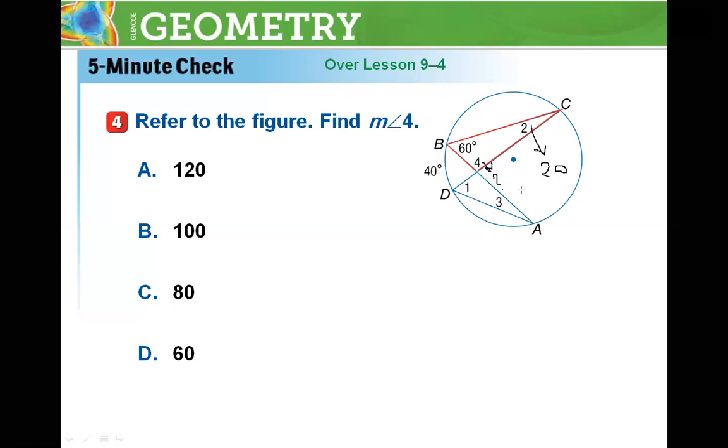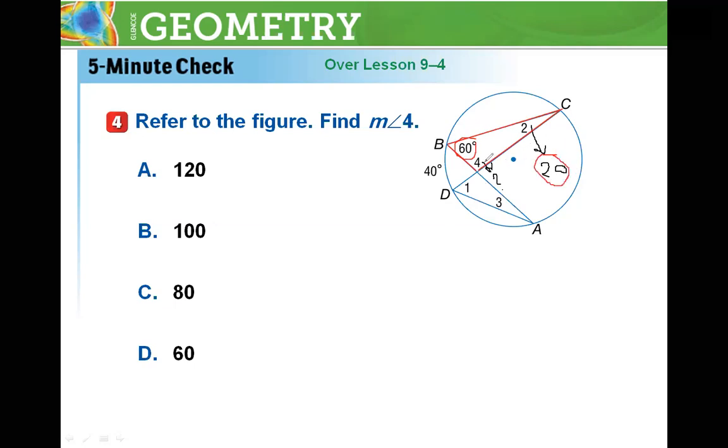So it's a triangle. The sum of the measures of the interior angles of any triangle equals how many degrees? If I add the 3 angles of the triangle, how many degrees? Any triangle. 180 maybe. Excellent, 180. This angle is 60, and this angle is 20.